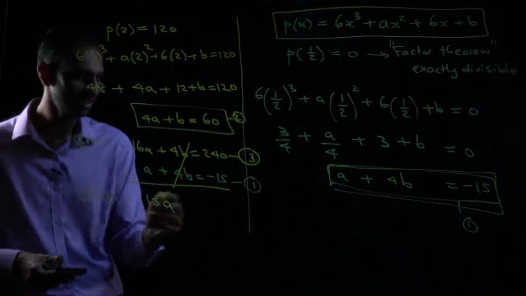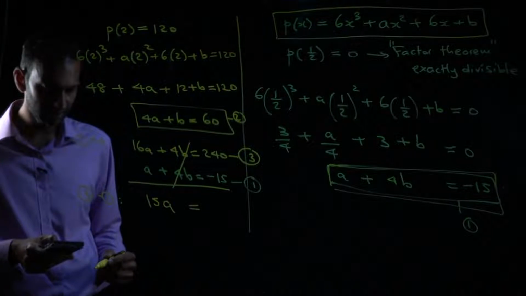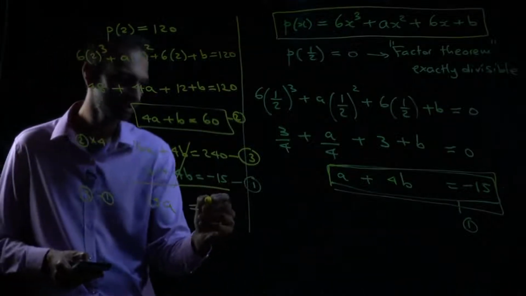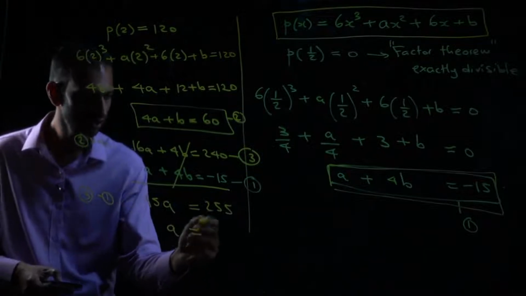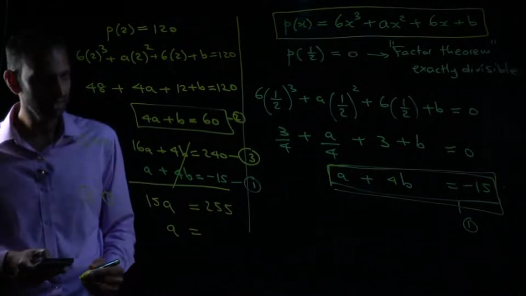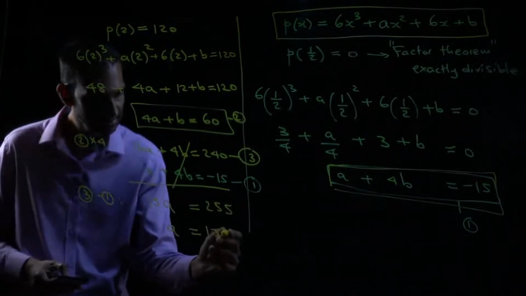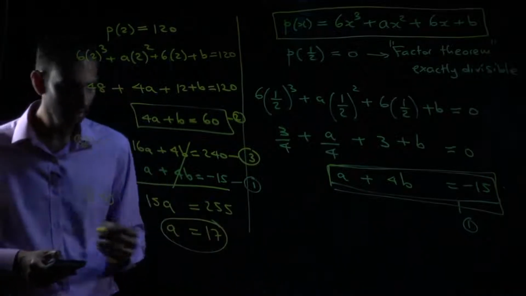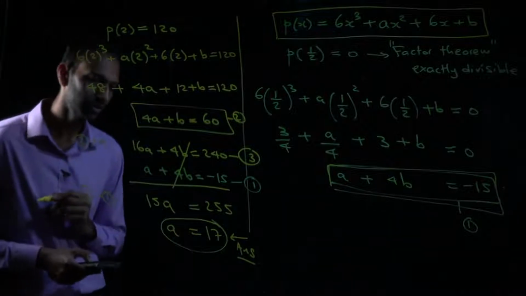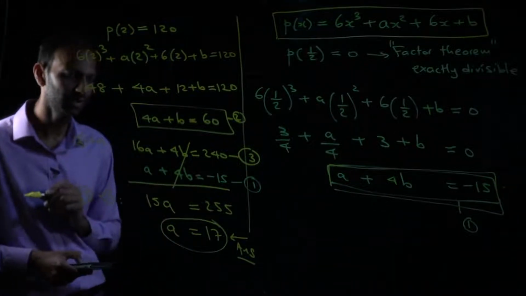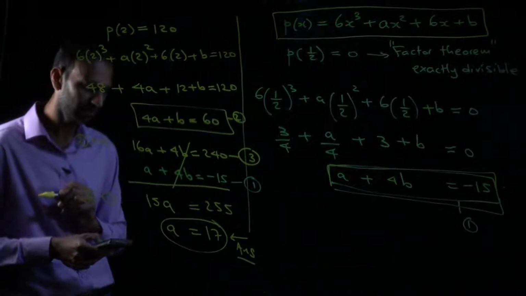The 4b cancel out. 240 subtract minus 15, that's 255. So a is 255 divided by 15, so this is 17. So the first part, the value of a, we got it. 15a is equal to 255, a is equal to 17.